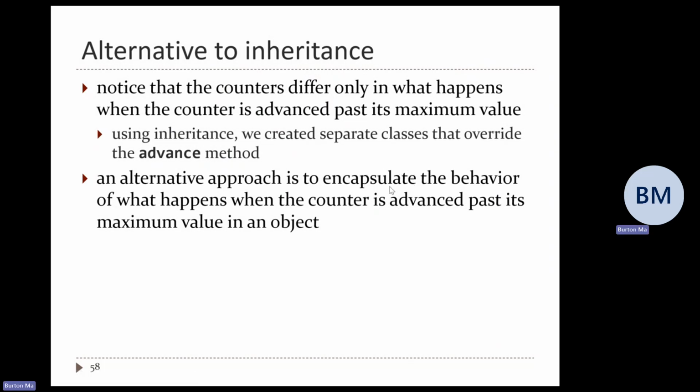The alternative way is to make one counter class, and then you have a field that is an object that knows what to do when you hit the maximum value. So instead of creating separate counter classes, you create separate classes that decide what happens when you hit integer max value.